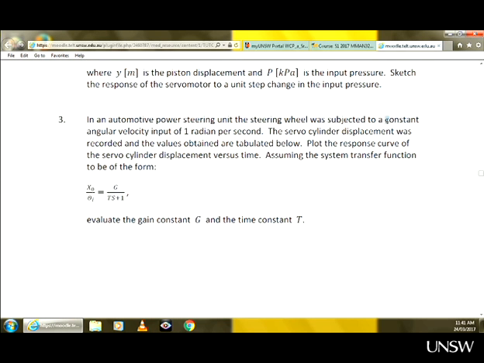You see, constant angular velocity. Okay.